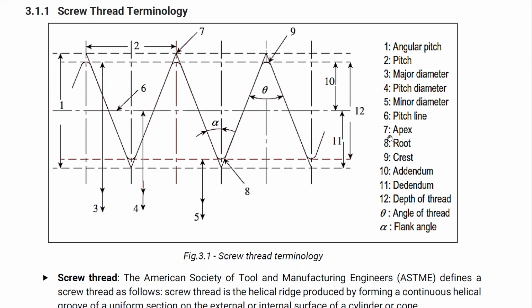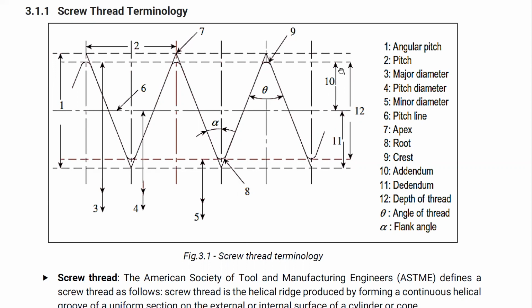Then the apex: the top of the thread is called the apex. The bottom part of this is called the root, and this curved part is called the crest. Okay. Then addendum and dedendum.